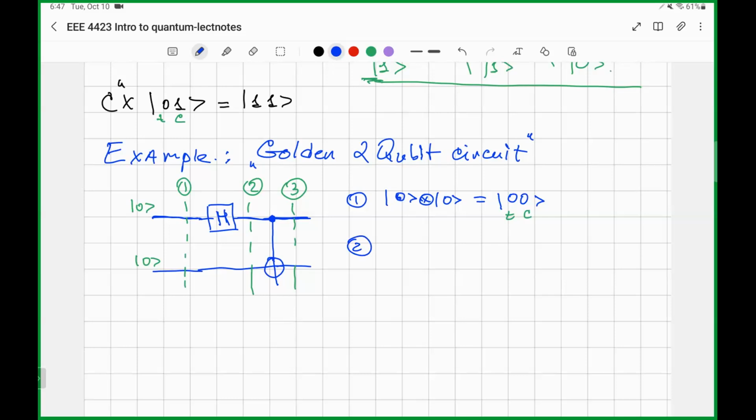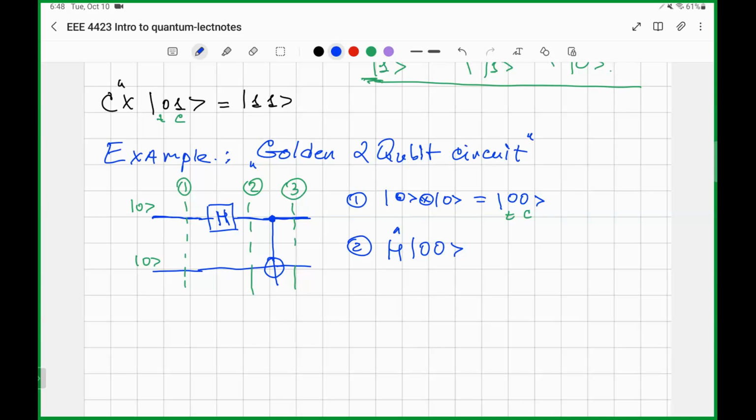What happens in the second layer? The second layer is the part of the circuit after application of the Hadamard gate on the first qubit. So I write Hadamard operator, then this state 0, 0, okay? And now on which qubit I apply this Hadamard gate?